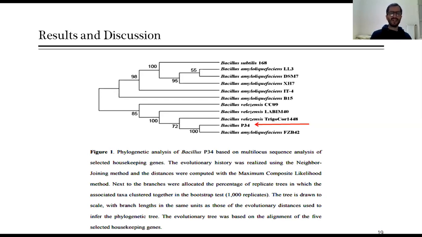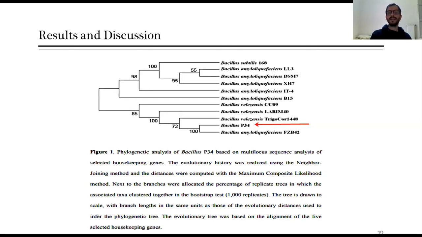Specifically, Bacillus p34 was included inside the Bacillus velezensis group, which is closely related by similarity to Bacillus amyloliquefaciens.